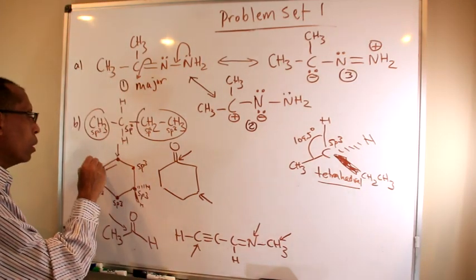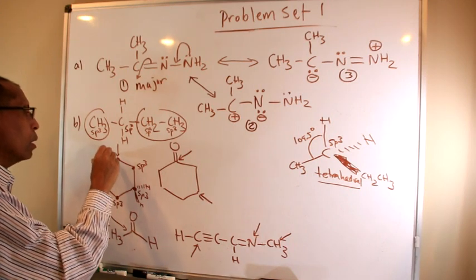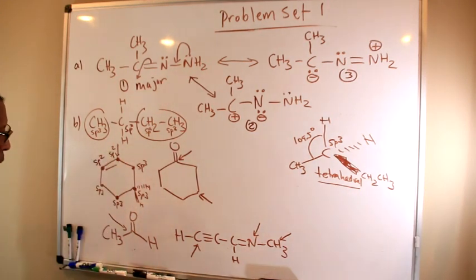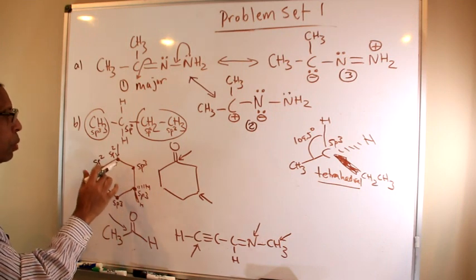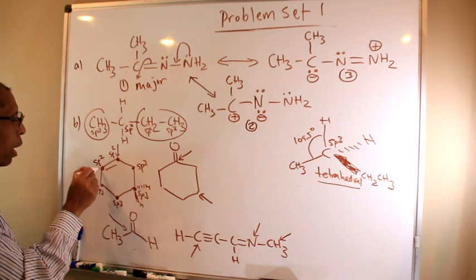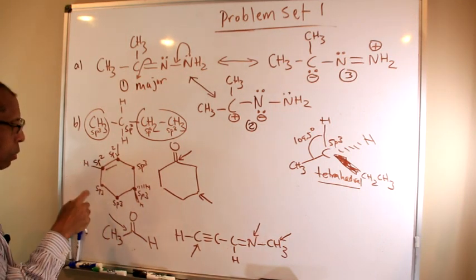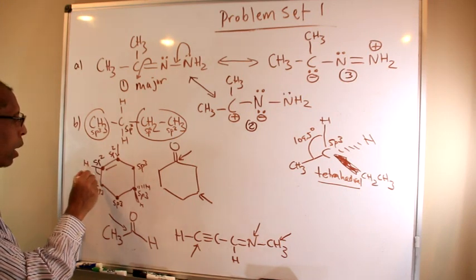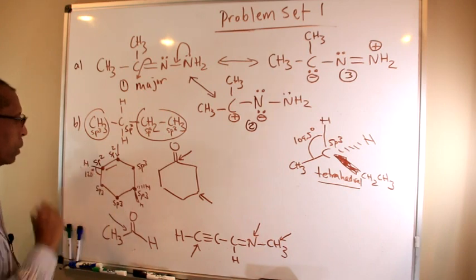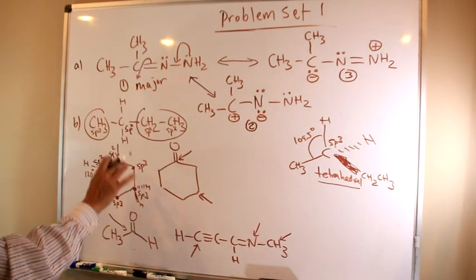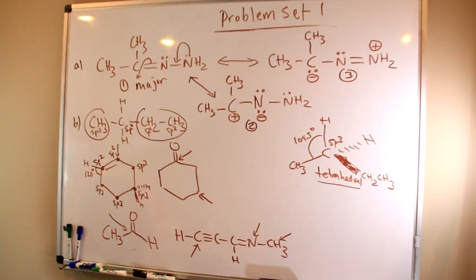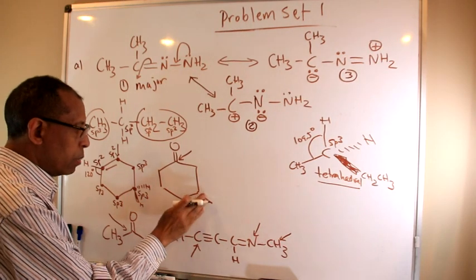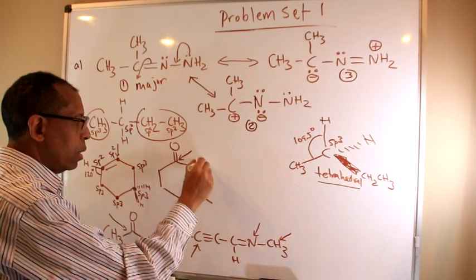So this carbon with the double bond is sp2. Of course, the sp2 has only 1 hydrogen on it, not 2 hydrogens like sp3. And the angle is 120 degrees for sp2.